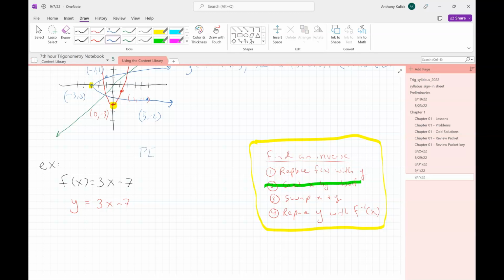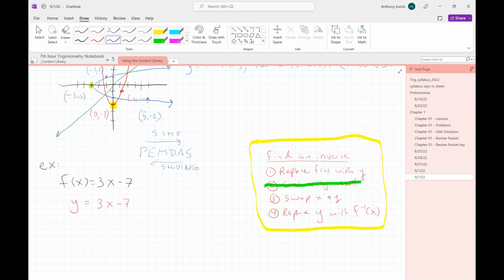So remember the order of operations. We go parentheses, exponents, multiplication, division, addition, subtraction when we're simplifying. But when we're solving, we're undoing in the opposite direction. So the first thing you'd want to do is undo addition, subtraction, then undo multiplication, division, et cetera. Okay with that?